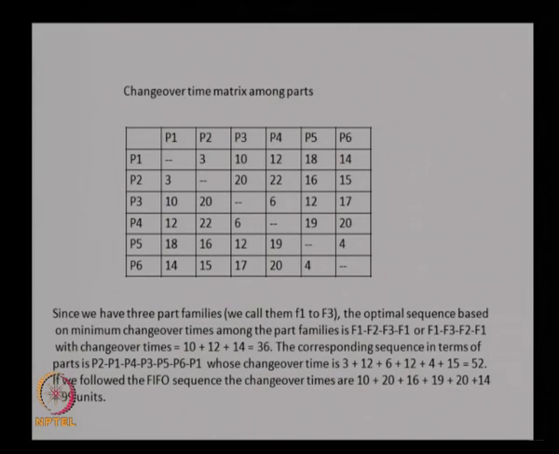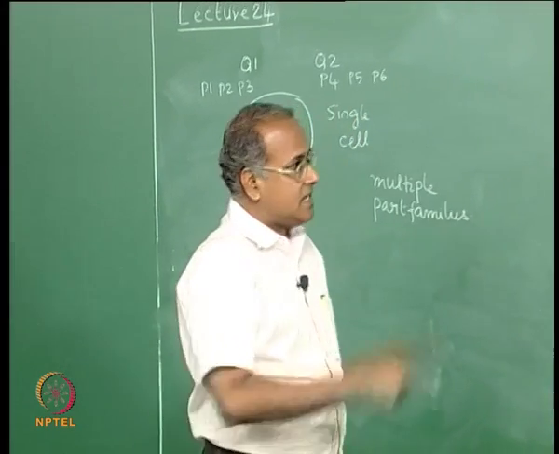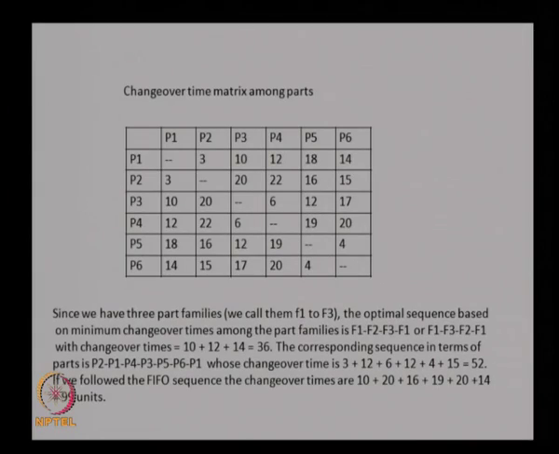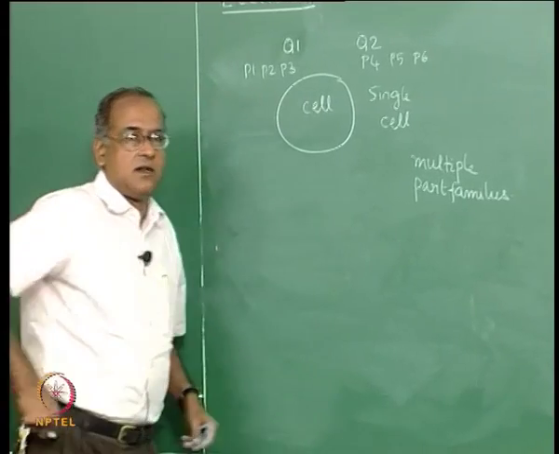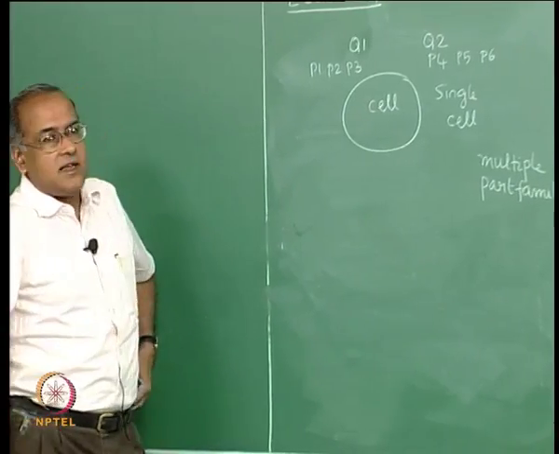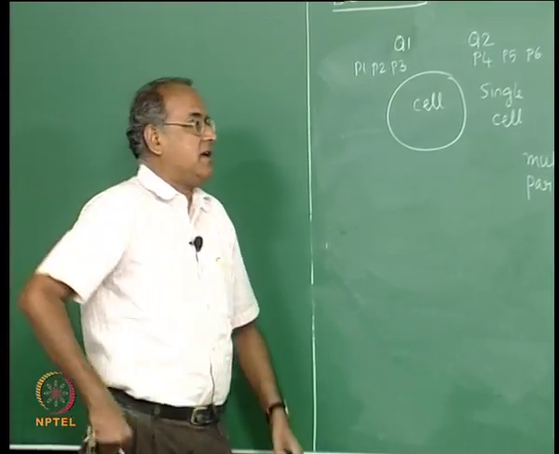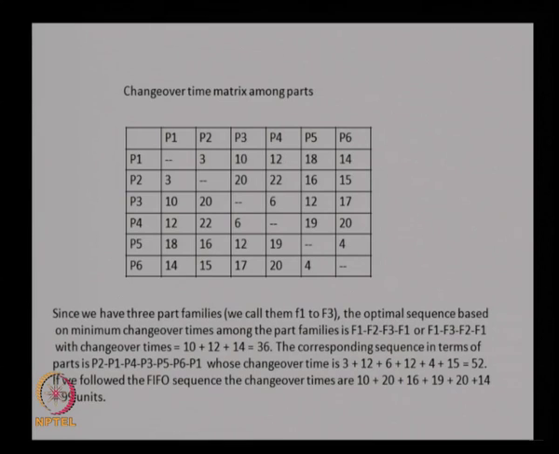Now if we have a situation like this, there is a changeover matrix that is given here. There are 6 parts P1 to P6, but we have made an assumption that P1 to P3 is one part family and P4 to P5 is another.